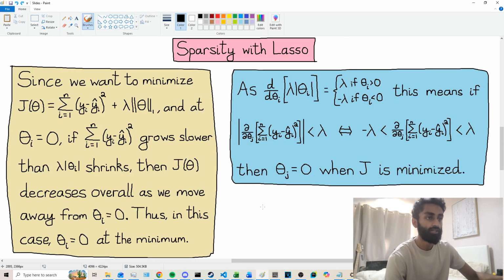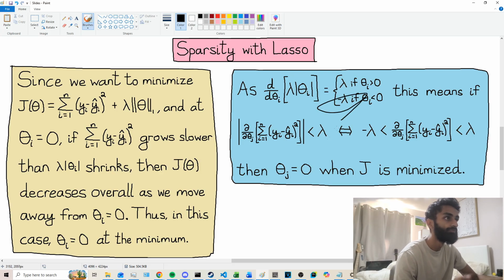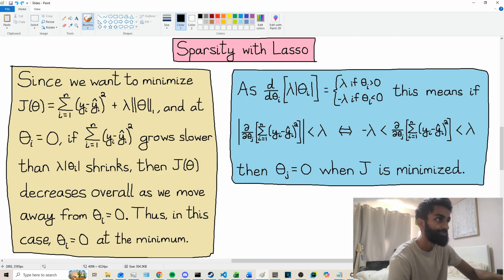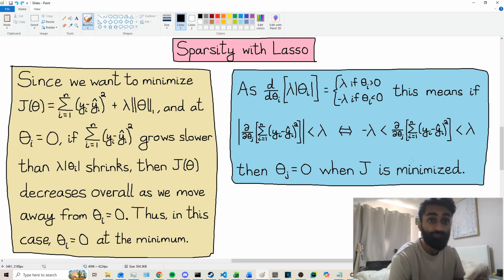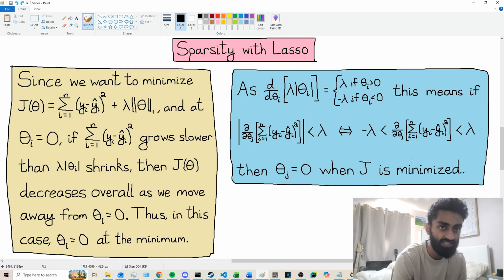And so I've written it here. If the gradient of your sum of the squared error terms has an absolute value less than lambda, or another way of writing it is like this, then theta_j equals 0 gives you the minimum, because on both sides, if you walk left or right, you're still below the original function line.